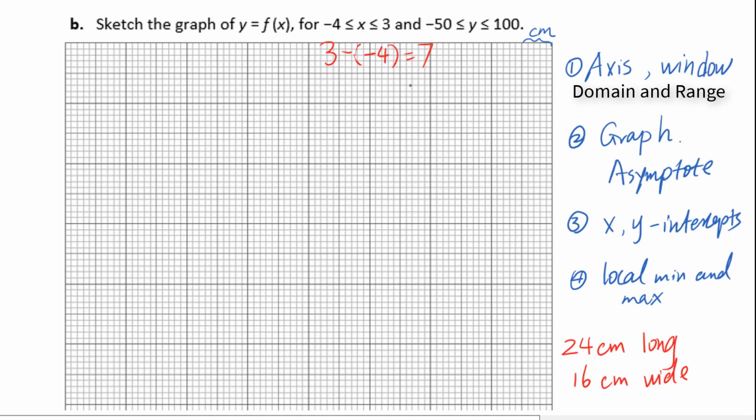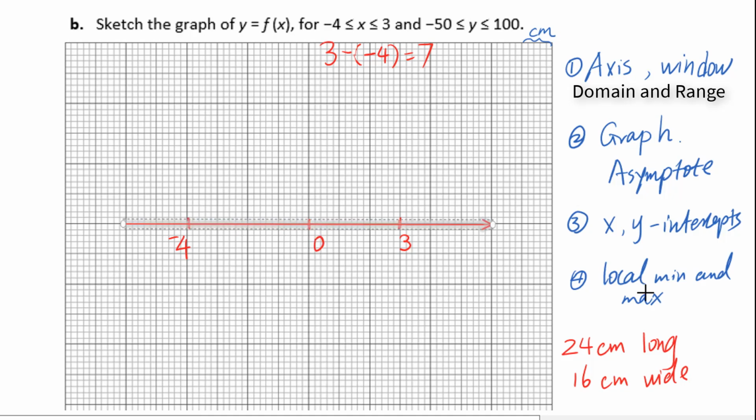You will get 7. We know this one is 16 centimeters. Let's think about this one is -4. So 1, 2, 3, 4, 5, 6, 7. This will be 3. Just count the units. 1, 2, 3, 4. This is 0.